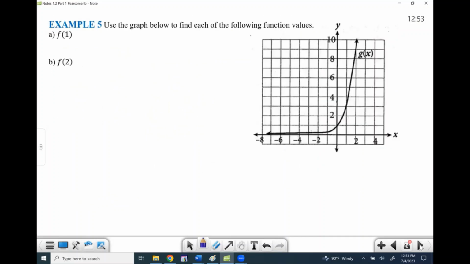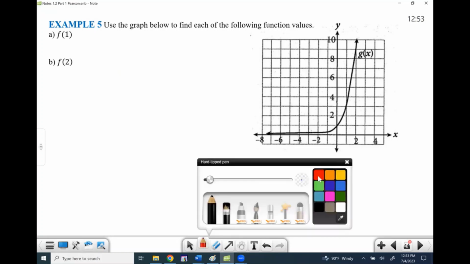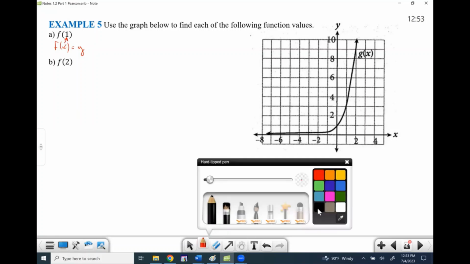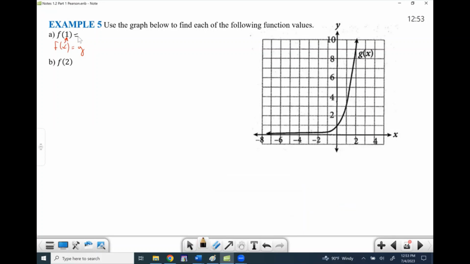Use the graph below to find each of the following function values. Now, I want to remind you guys that we learned that f of x equals y. That's how we started off the section. So what they're giving you here is the x value. X is 1. What you need to find is the y value, okay?